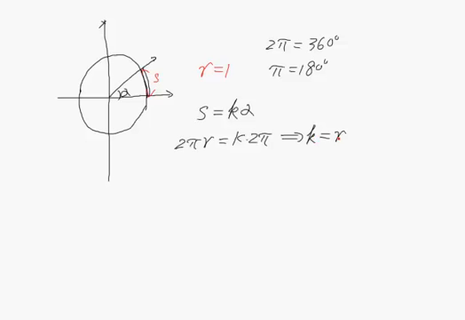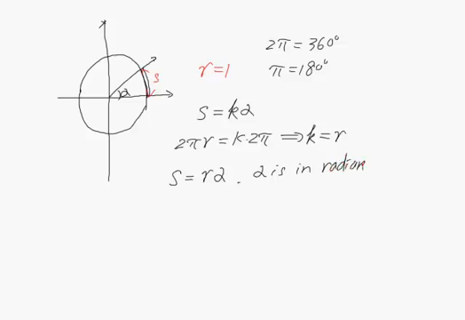So now we can plug this back into this formula. Then we get the formula for the length of the intercepted arc of an angle. That is, S is equal to r times alpha. Here this alpha is in radian measure.